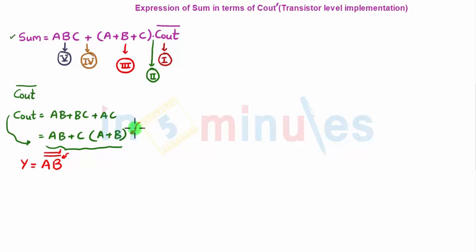Just summarizing everything in another few seconds. We know that the expression of Cout is nothing but AB plus BC plus AC. On simplifying, we get AB plus C into (A plus B). The C is nothing but Cin everywhere. In the previous clips, we have seen that if we have an expression which does not have a bar on top of it, we tend to put a double bar.